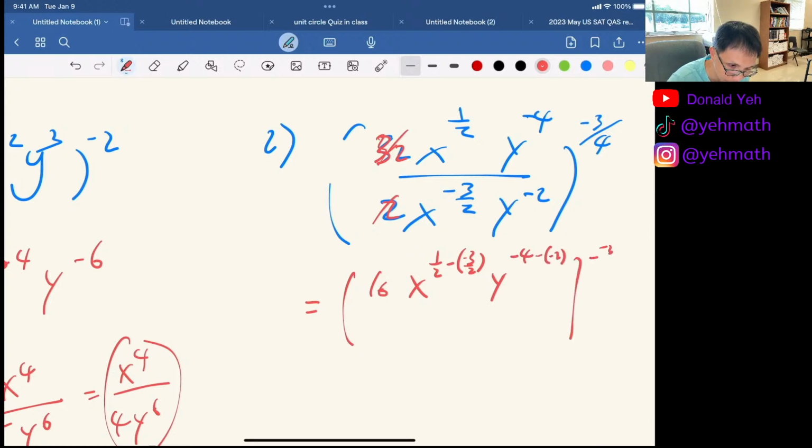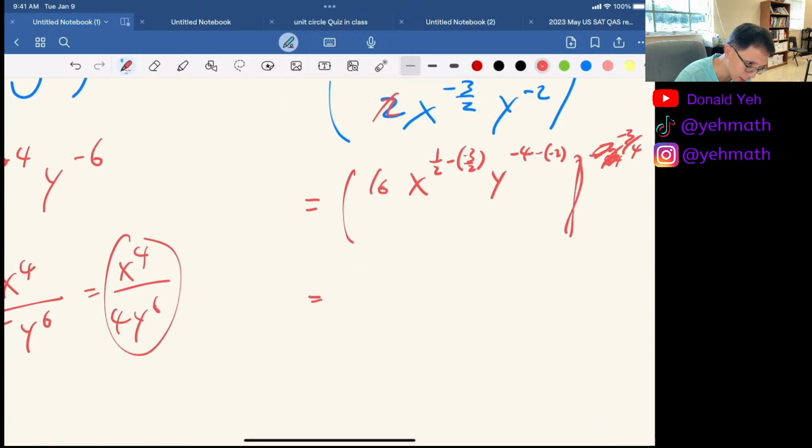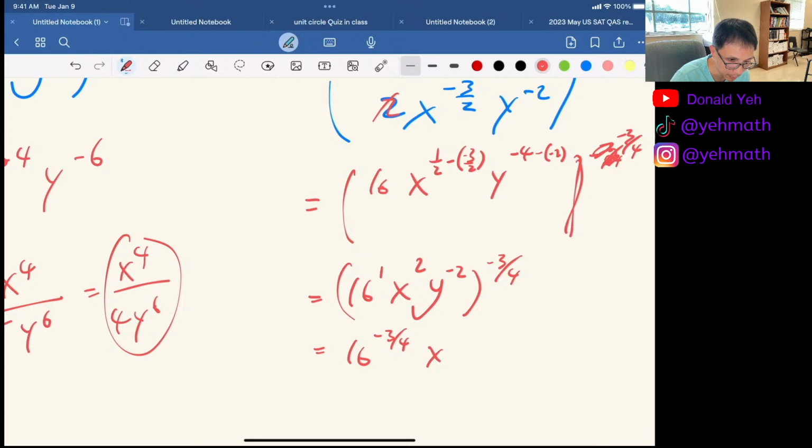So negative 3 over 4, so that is the n. So here it's going to give you 16 x to the what? 2 y to the negative 2, all to the negative 3 over 4. So it'd be 16 to the negative 3 over 4 because this is to the 1. X to the what?